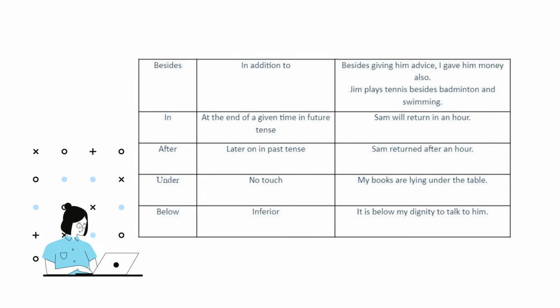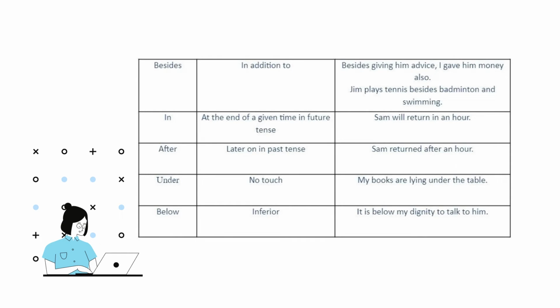That is, I gave him advice and money also. The second example is Jim plays tennis besides badminton and swimming. In this example, Jim plays tennis, badminton and swimming.